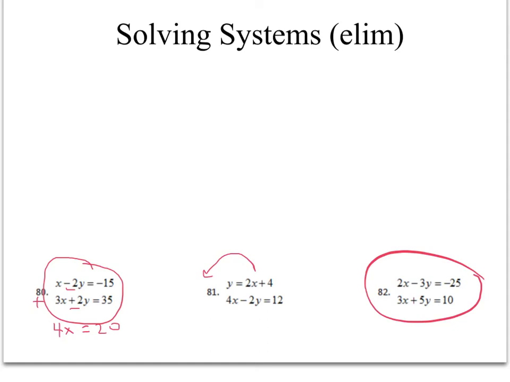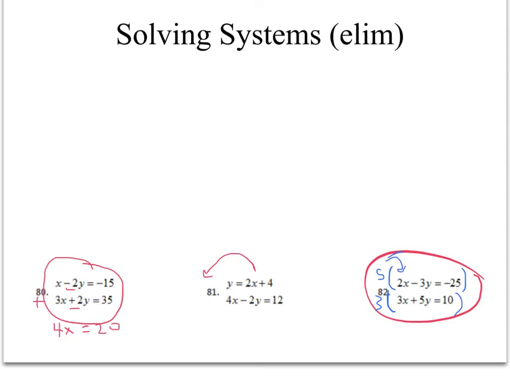So what we need to do is multiply the top equation by 5 and the bottom equation by 3, and what that will do is give us a negative 15y and a positive 15y that will cancel out.